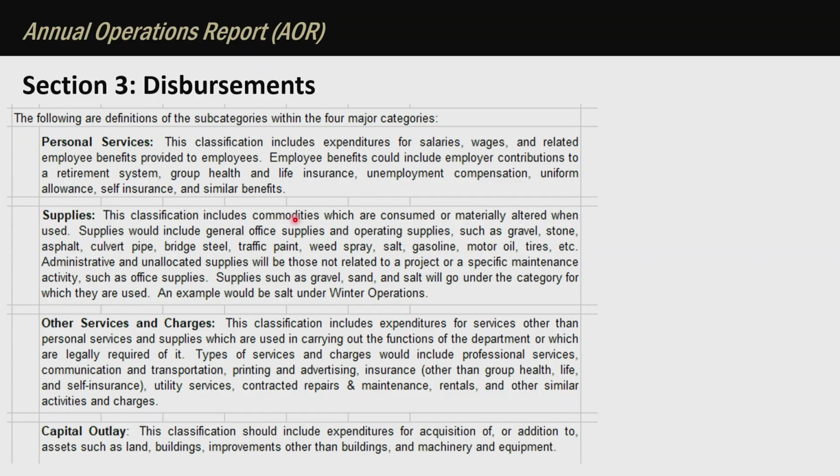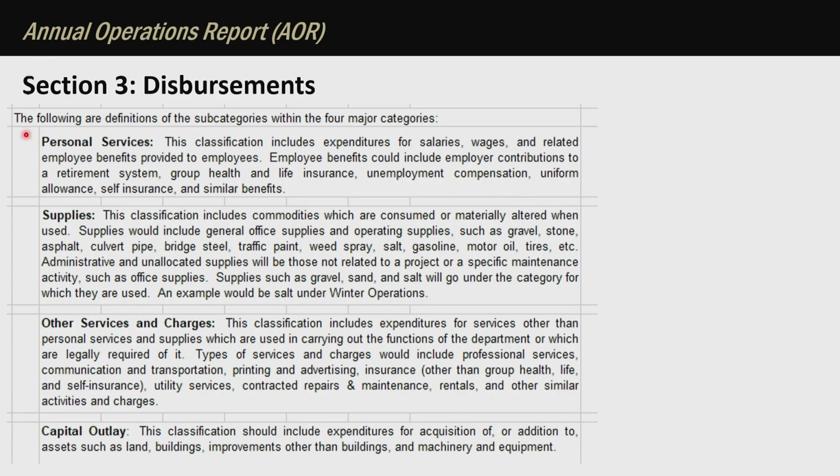On the disbursements section, like I mentioned, they have it broken up into subcategories there, detailing personal services, supplies, other services and charges, as well as capital outlay. So you can find those definitions here. You can pause the video and read those as well, or go back to the instructions tab.